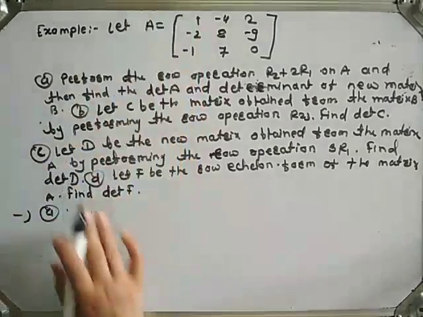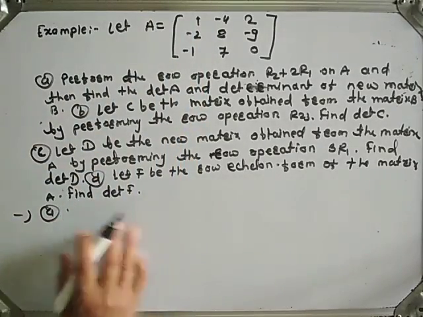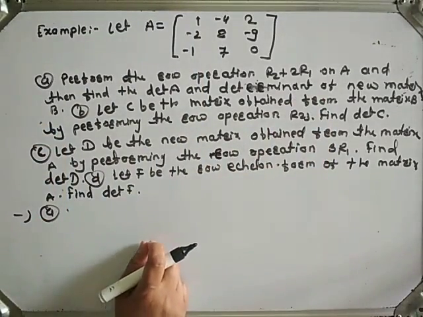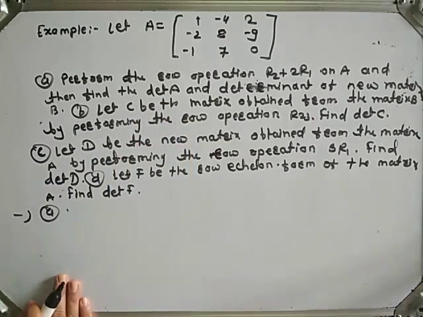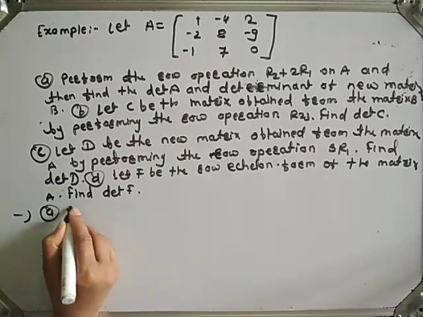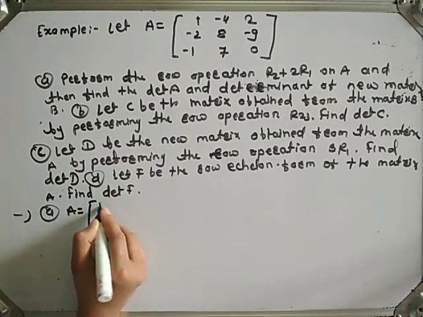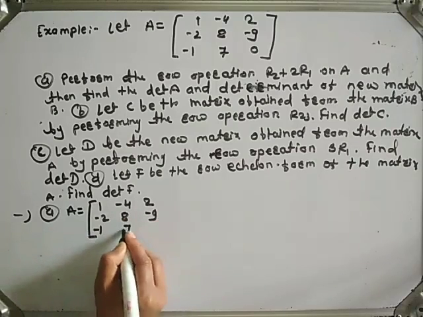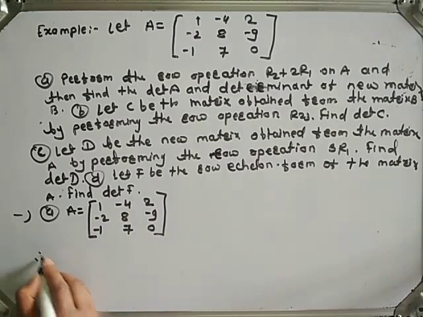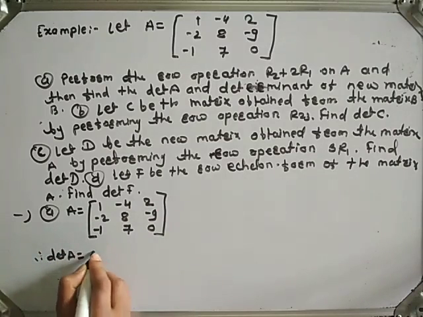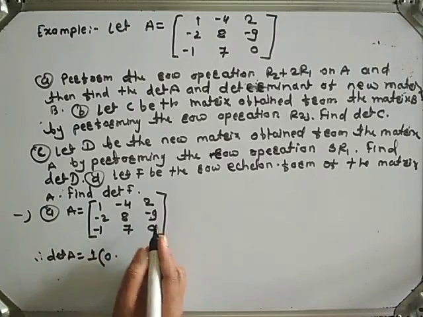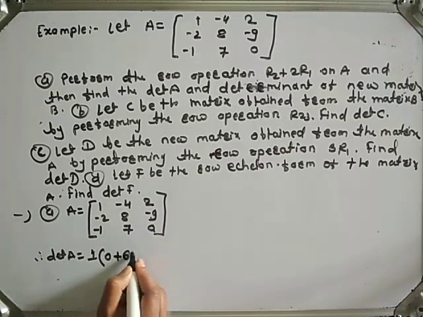See here, we have given a matrix A. In A part, we have to perform a row operation R2 plus 2 into R1, and we have to find determinant of A. Okay. Here A is equals to matrix 1 minus 4 2, minus 2 8 minus 9, minus 1 7 0. Okay. First we calculate determinant of A. Determinant of A is equals to 1 into 8 into 0 minus 7 into minus 9 is minus 63, and here is minus, so it becomes plus.